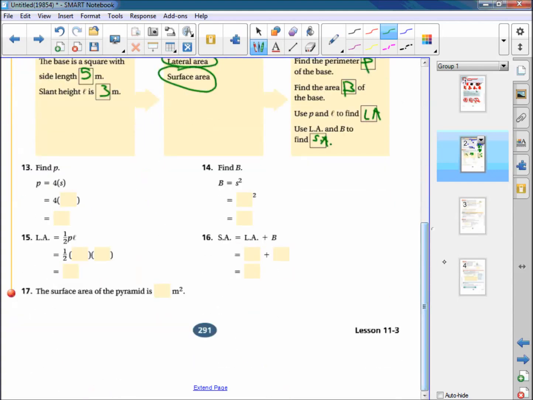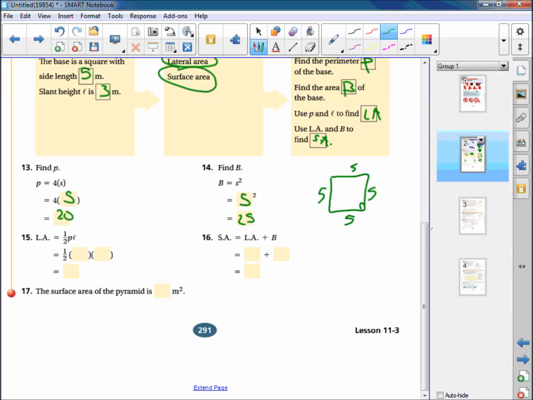So let's take a look. First, we need to find the perimeter. The base was a square, and each side of the square was 5, so we have 4 times the side, which is 4 times 5, for 20. The area of the base would be 5 by 5, which is 5 squared, which is 25.